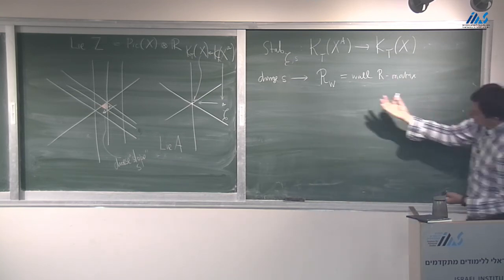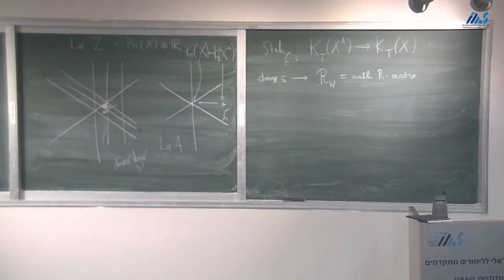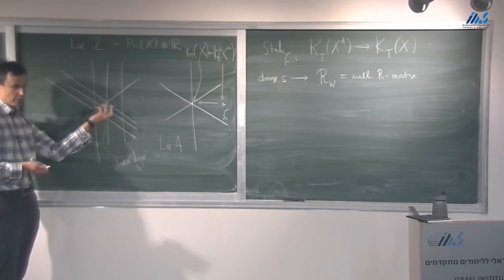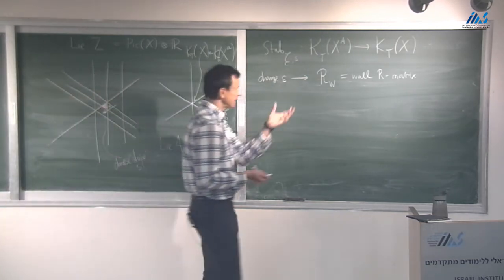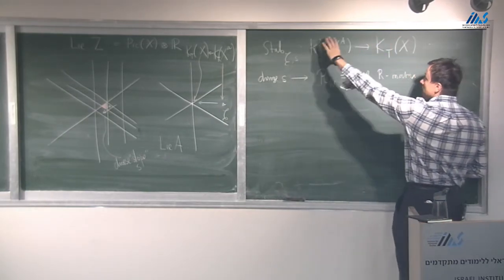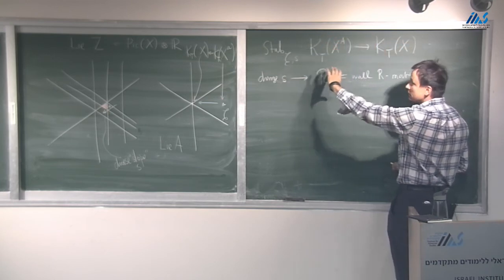Correctly normalized, it depends on very few variables, because it's a very small change if you normalize it correctly. It satisfies the Yang-Baxter equation, but as opposed to this, which depends on all the covariant variables in the picture, whereas this depends on very few.